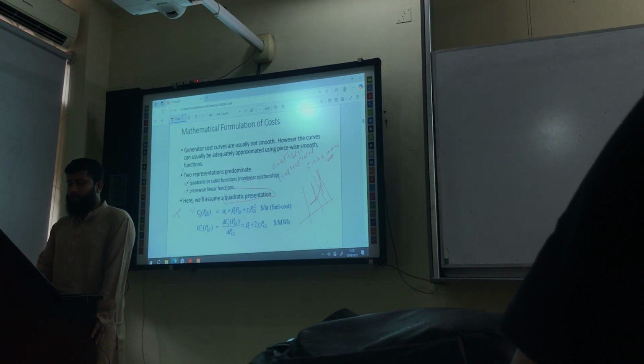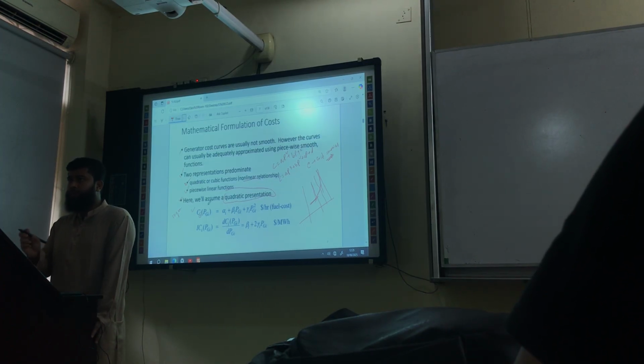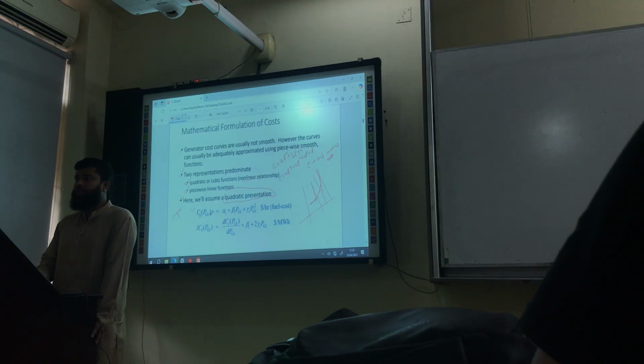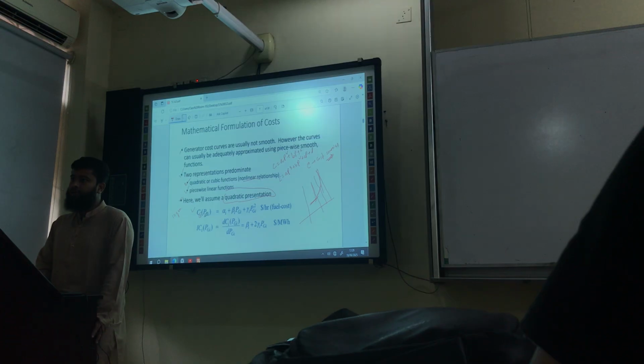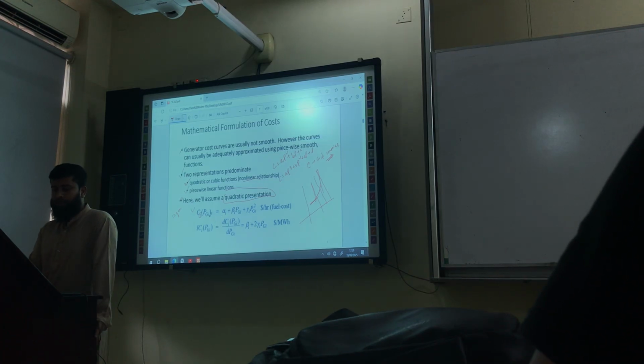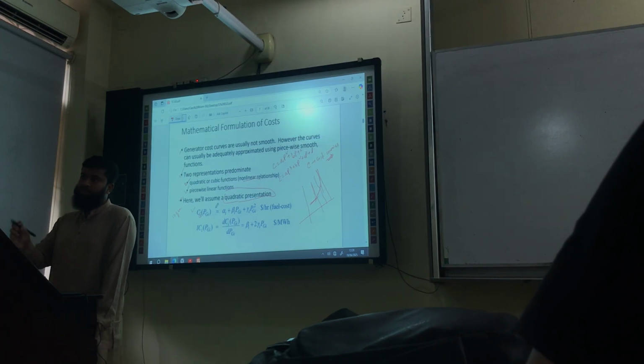If i is 1, then it is C1 of PG1. The cost function of generator 1, C1, depends on PG1. It is not related to PG2 or PG3. C2 depends on PG2, and so on. That's why this is Ci, a function of PGi, the power generation from that particular unit.